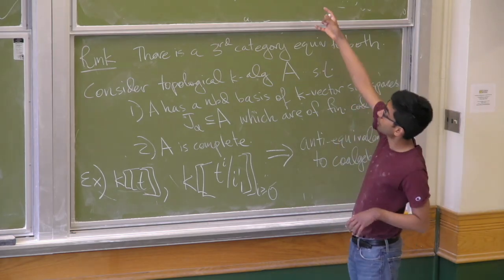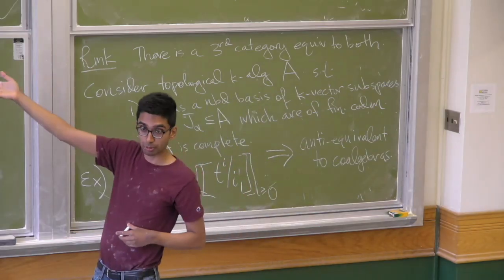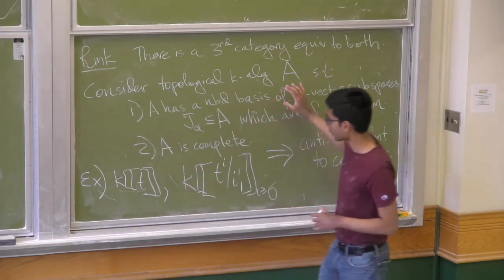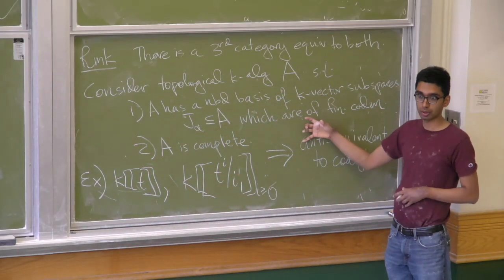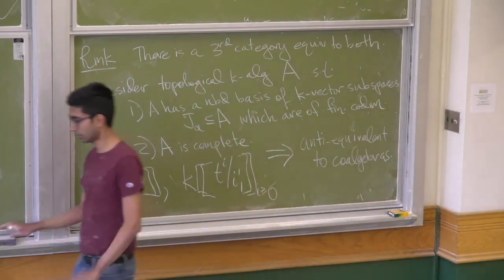Just from this linear duality, you get an anti-equivalence between co-commutative coalgebras and topological K-algebras that have this property.